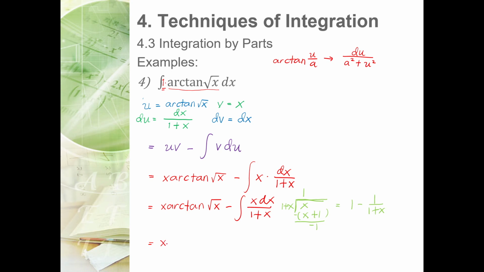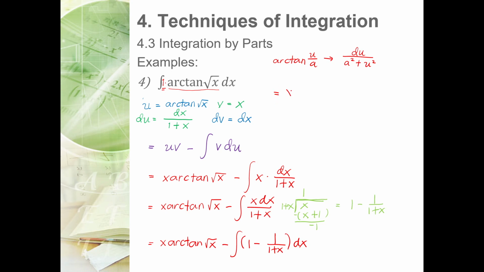Okay, so this becomes x arctangent square root of x minus the integral of 1 minus 1 over 1 plus x dx. And I think you can now integrate this one.